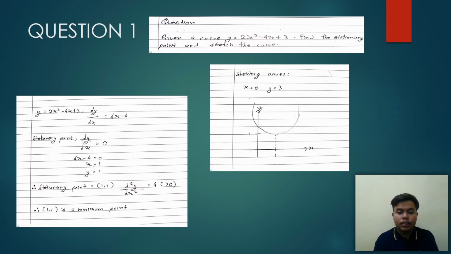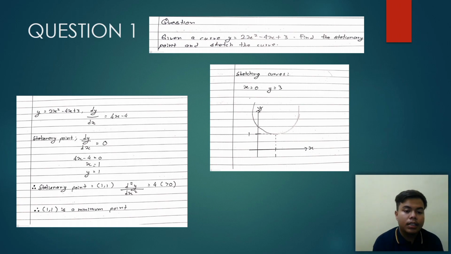The question is, given a curve y equals 2x² minus 4x plus 3, find the stationary point and sketch the curve. As we can see, y equals 2x² minus 4x plus 3, so dy/dx equals 4x minus 4.